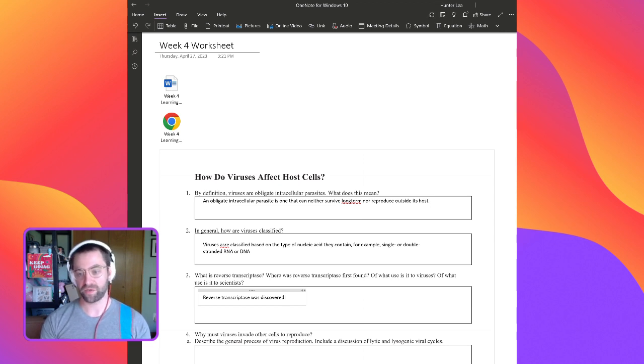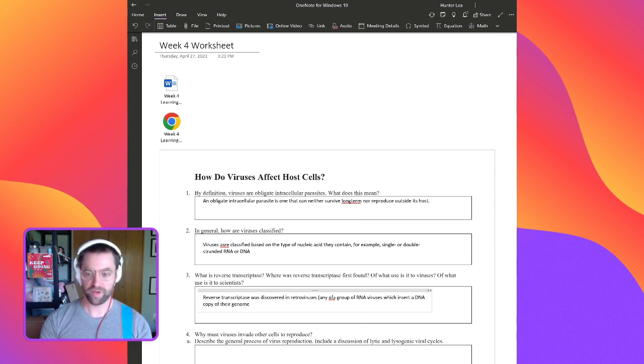Reverse transcriptase was discovered in retroviruses, which is any of a group of RNA viruses which insert a DNA copy of their genome into the host cell in order to replicate. And the most famous example of these is HIV, which we've talked about before.